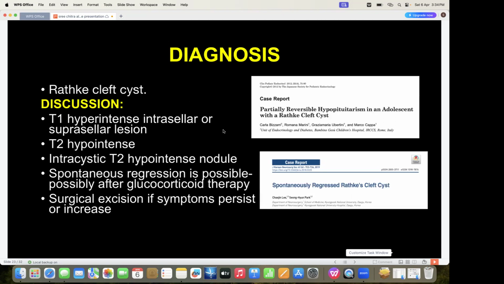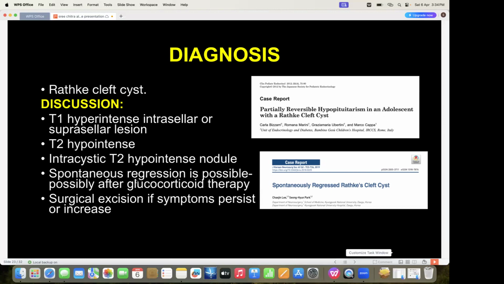Usually Rathke's cleft cysts are T1 hyperintense. They could be intrasellar in location, and as you said, a normal pituitary may be seen, but in many cases it may not be seen because of the compression effect by the cyst itself. They could be intrasellar or suprasellar, but predominantly suprasellar with intrasellar extension. On T2 they will be hypointense, and the intracystic T2 hypointense nodule is very characteristic.